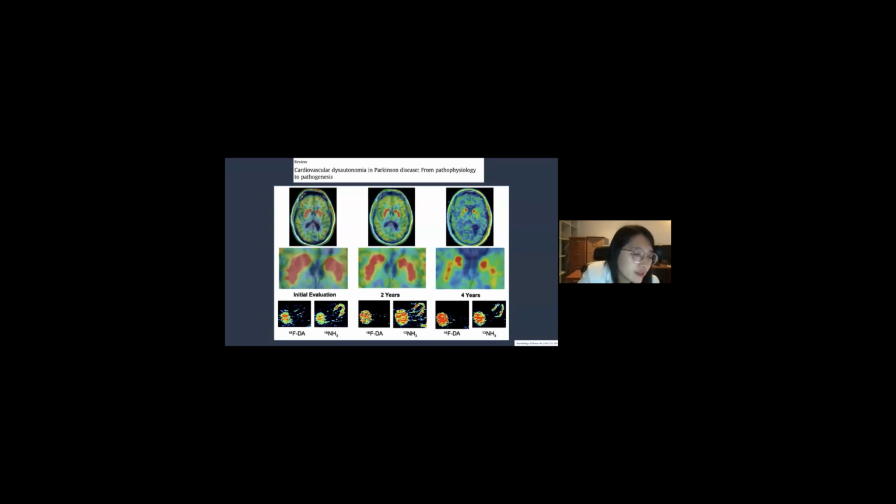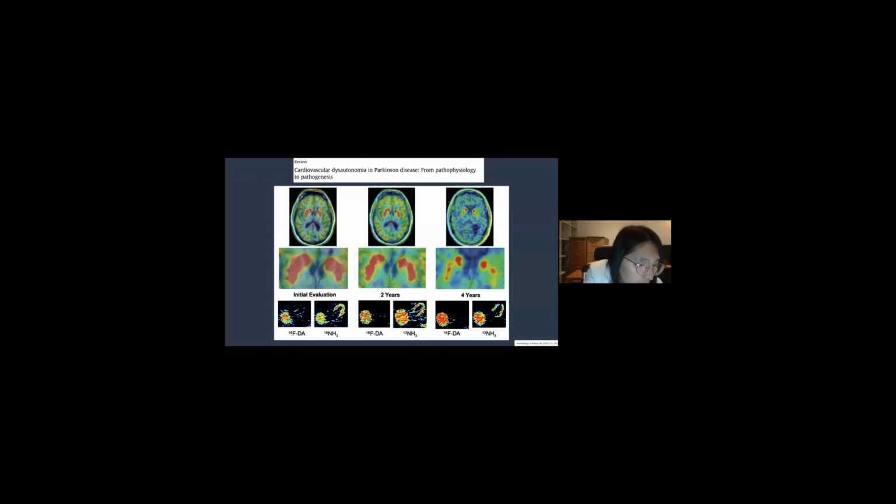At the baseline evaluation, cardiac fluorine-18 labeled F-dopamine uptake is already decreased, although brain striatal fluorodopa uptake is still maintained. 2 years later, the patient had a subtle decrease in putamen F-dopa-derived radioactivity, and reported clinically visual hallucination.